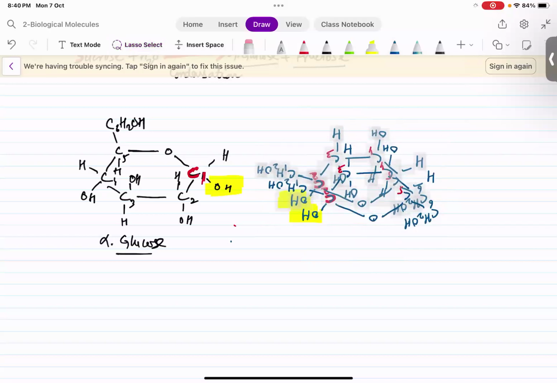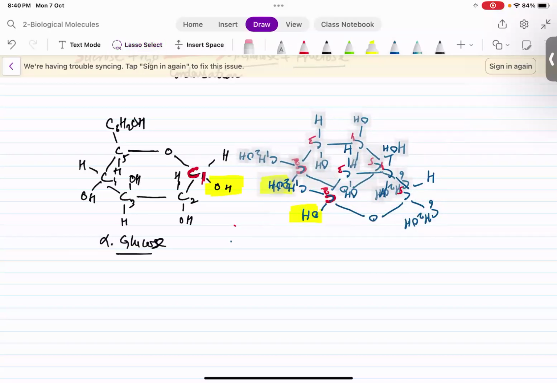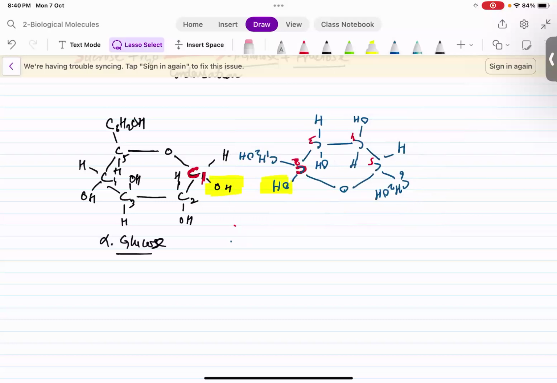So now these two OH groups are in the same plane. Here you see I have flipped this fructose. This is the structure of fructose, and that has been flipped so that an OH group on this carbon and an OH on this carbon number 2 lie in the same plane.